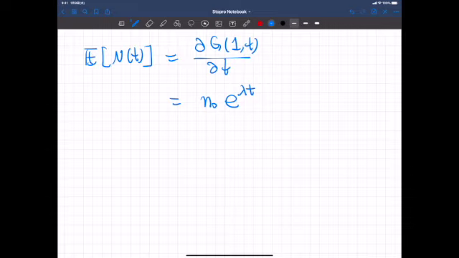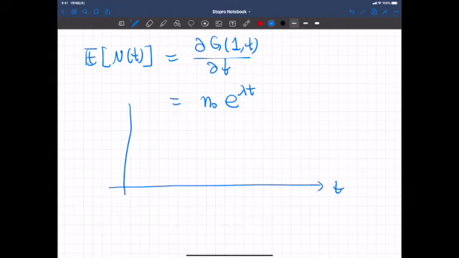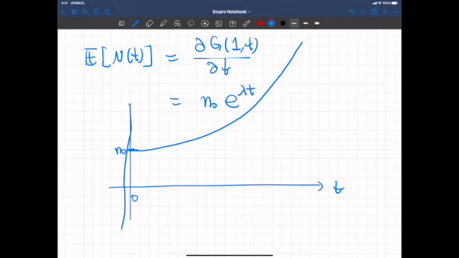Okay, and so if you plot this, at time t equal to 0, the number of bacteria was n0. From that point, it increases exponentially like this. And the rate of increase is, of course, lambda.